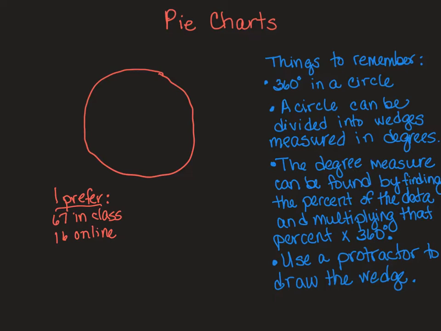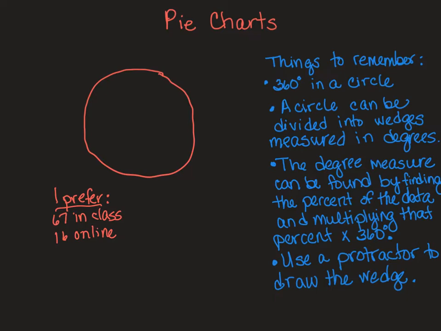Okay, so on the right side of this, I have things that I want to make sure you remember. So I wrote them out ahead of time. Remember, there's 360 degrees in a circle. We can take that circle and divide it into wedges, and each of those wedges is measured in degrees.